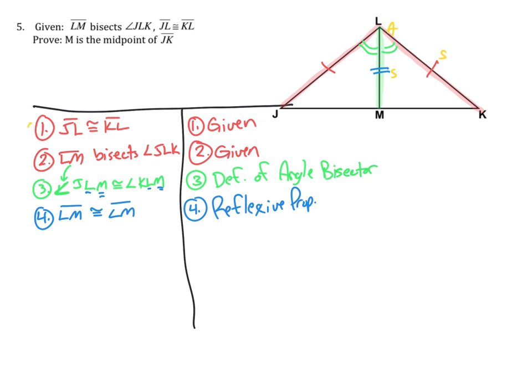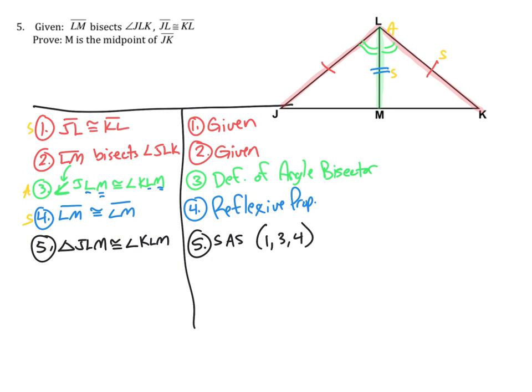So triangle JLM is congruent to triangle KLM. And my reason is side, angle, side. And I come from statement 1, statement 3, and statement 4.